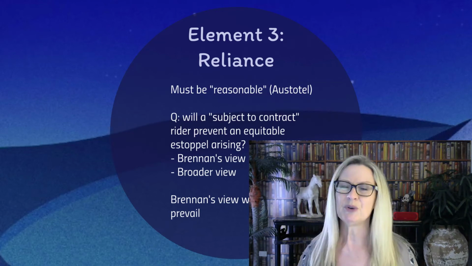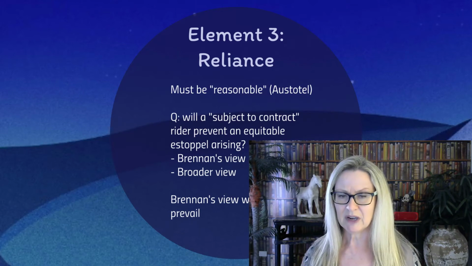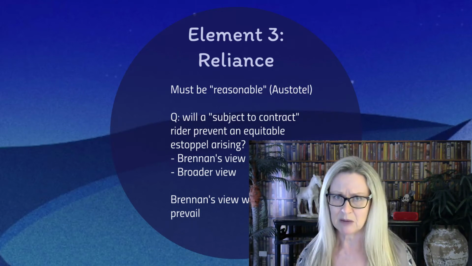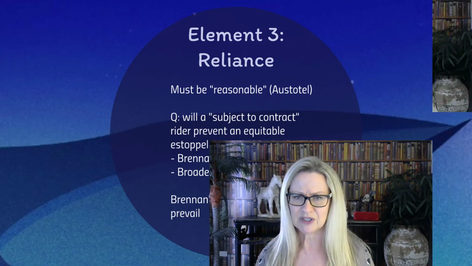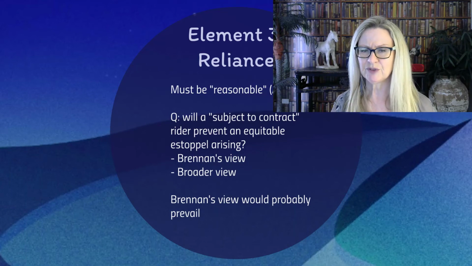The broader view, the less harsh view, I guess, is that equity should be able to step in and provide a remedy wherever there's inequity. The consensus there tends to be that Brennan's view would probably prevail, but I'll leave you to ponder on that one.